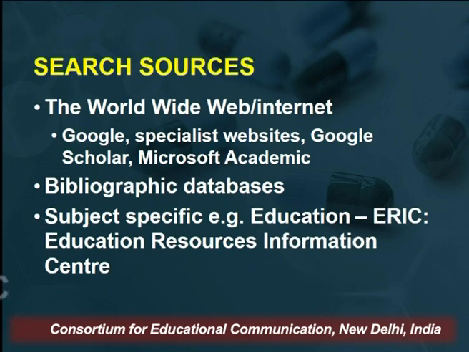So the search sources: there are different types of search sources like the internet, Google Scholar, Microsoft Academic, bibliographic databases, and subject specific databases, like for education we use ERIC, Education Resource Information Center. So there are multiple of them that depend on the subject topic that you are referring to.